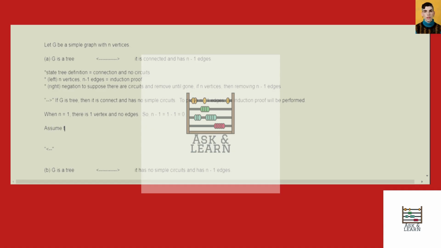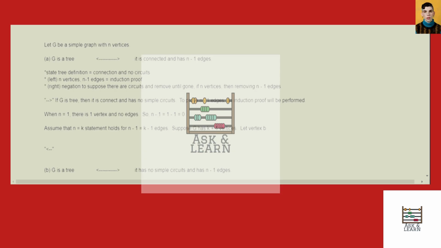We want to assume that the n equals k statement holds, for n minus 1 equals k minus 1 edges. Suppose G has k plus 1 vertices, because I want to show that if I remove a vertex, it's going to become k vertices, which would then be k minus 1 edges.